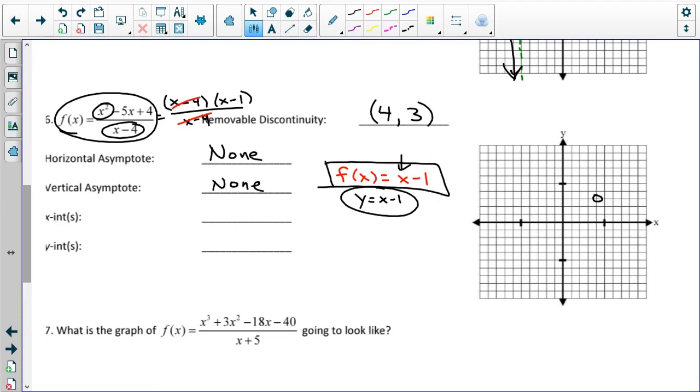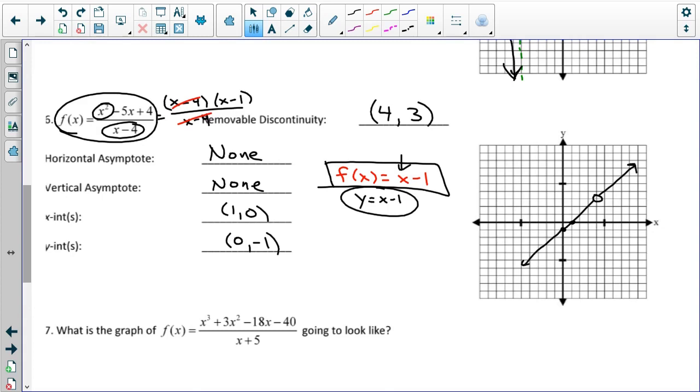The x-intercept is what happens when the numerator equals 0. So that occurs at 1, comma 0. The y-intercept is at 0, -1. And it straight up just looks like a line that has a slope of 1 and a y-intercept of -1.